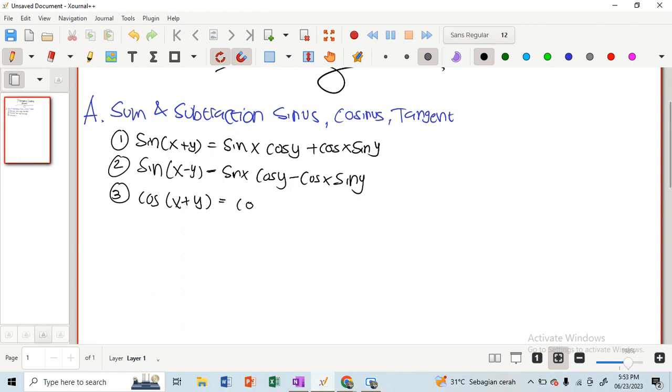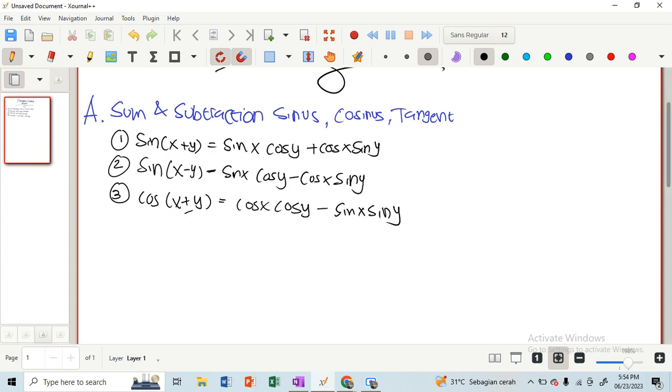So cos x cos y minus, yeah, it is kind of unique because for the plus term you use the subtraction operation here. It's a pattern you can remember in case you forget the identities: cos x cos y minus sin x sin y.